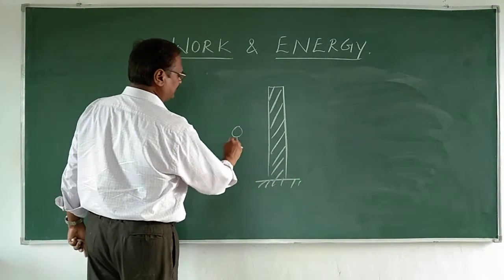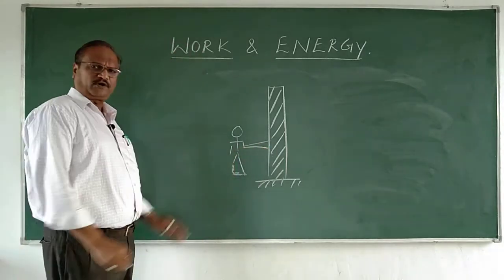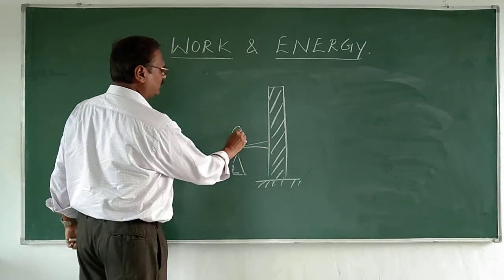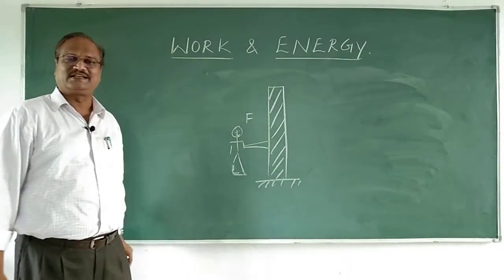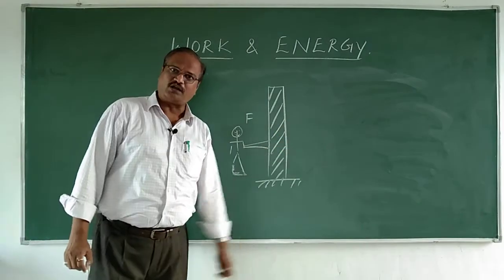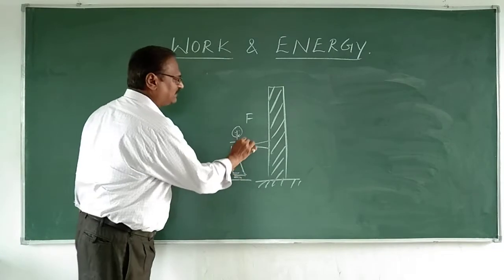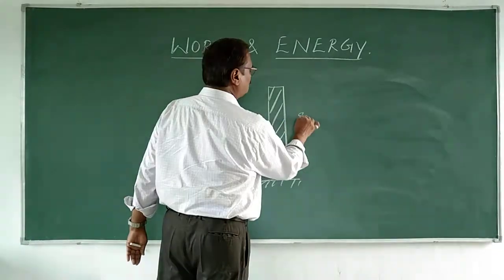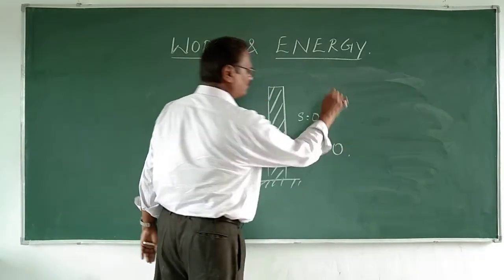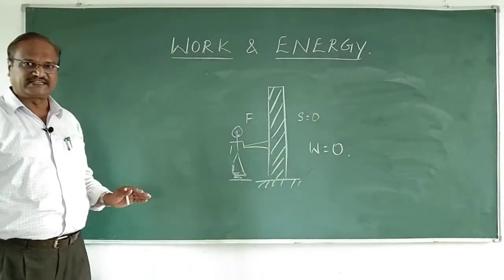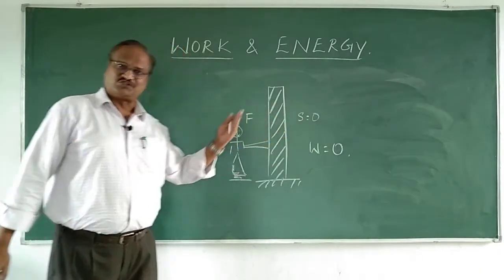Now, I stand here and I am going to push this wall. If someone is pushing the wall, of course, he is applying a force. But can he move this wall? No. As long as he cannot move the wall, there is no displacement, then the work done also will be equal to 0. You have to remember this. Force is applied, but there is no displacement. So that means work is 0.